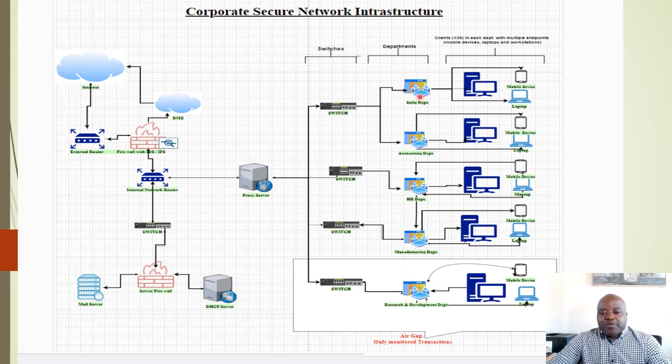We have the sales department over here, the accounting department, the HR department, the manufacturing department, and then the research and development department. Looking at all these departments, we have multiple clients that are connected to the department.